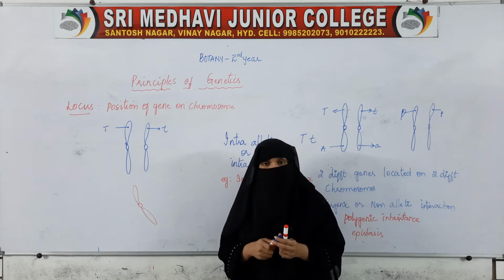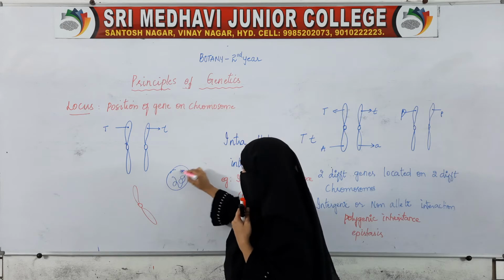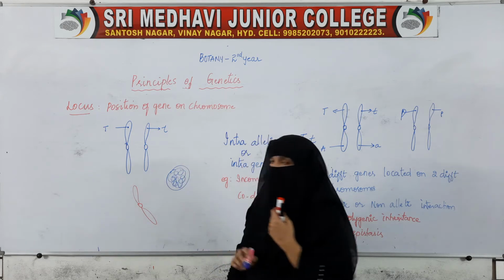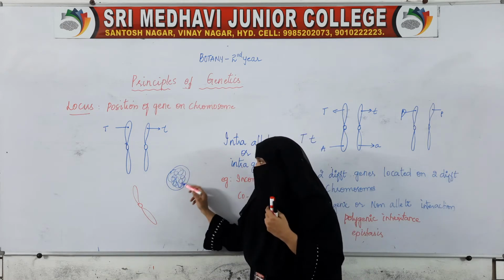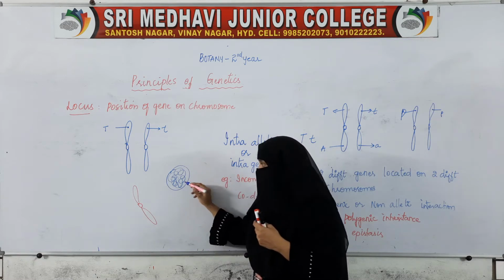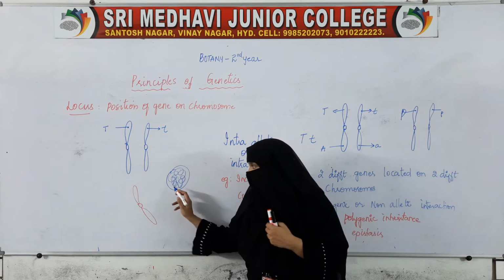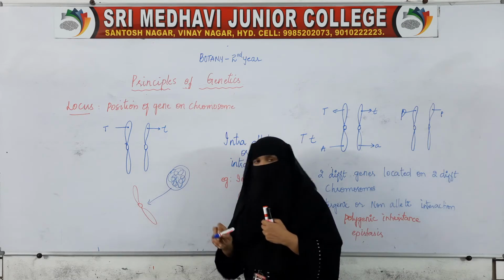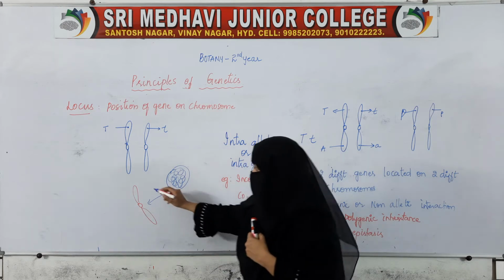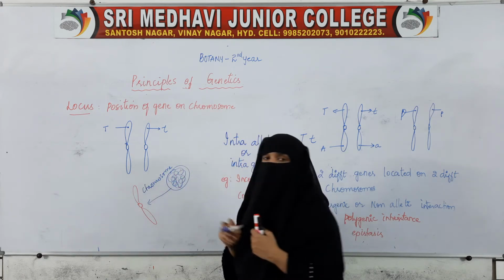But during cell division, this chromatin takes shape, and this is called the chromosome.